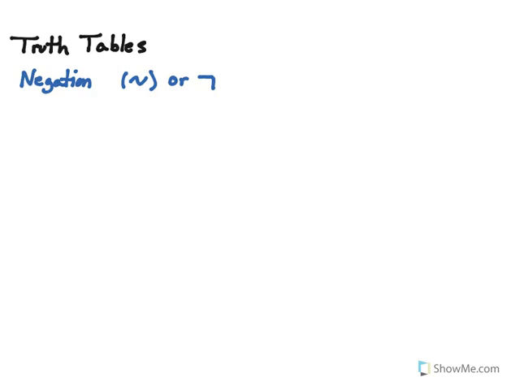Hello everyone, this is another truth table video where I want to talk about a couple of things about truth tables and some of the basic information that needs to be mastered prior to doing more advanced truth tables.